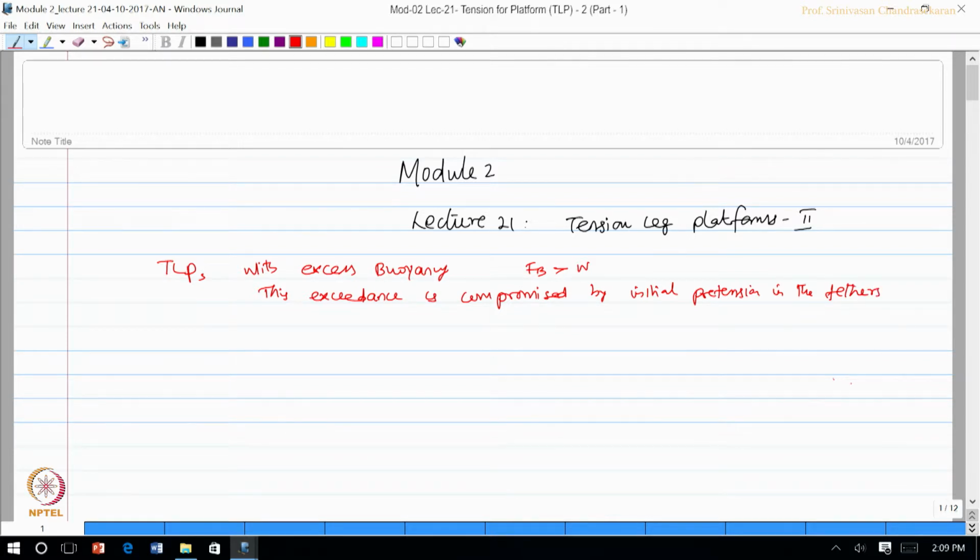We wanted to develop or derive the stiffness matrix for a TLP from the first principles.